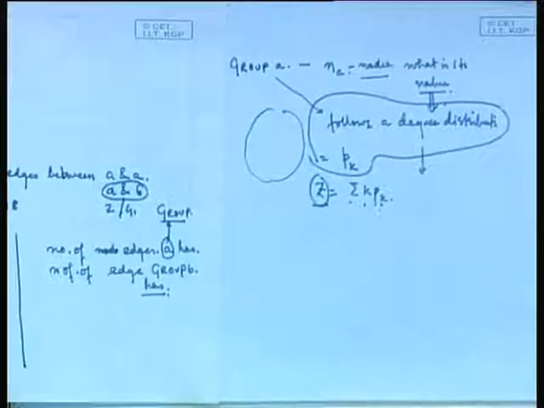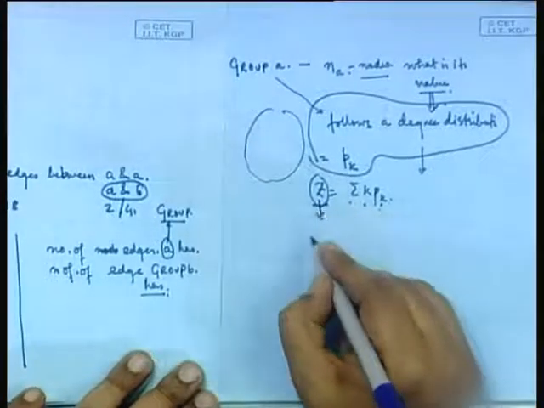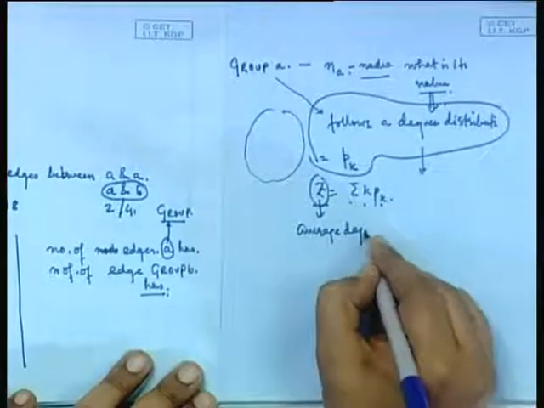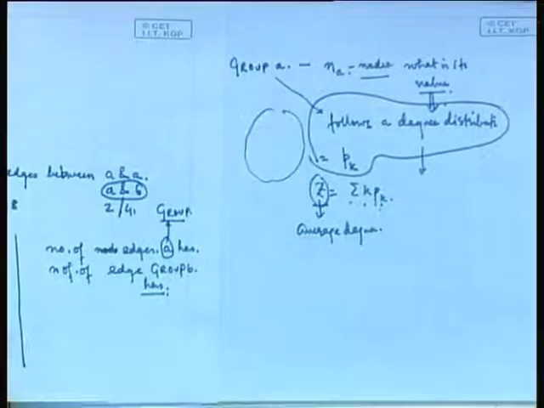I think it is simple. Okay, it is the average degree. This is the average, not its summation.